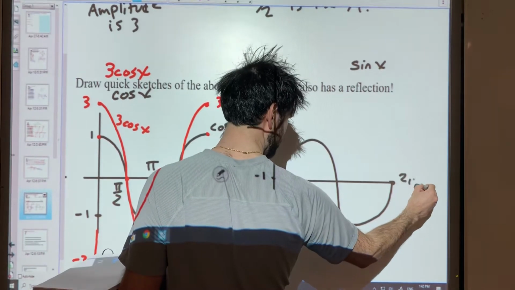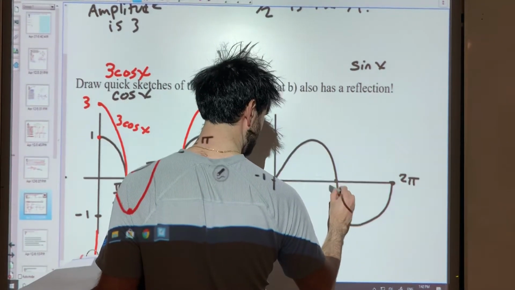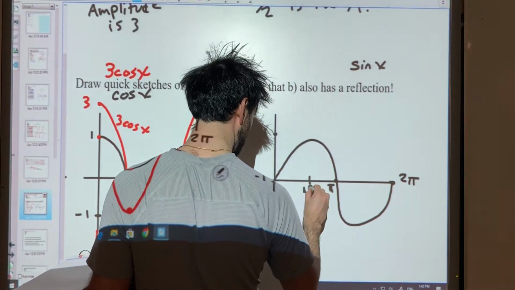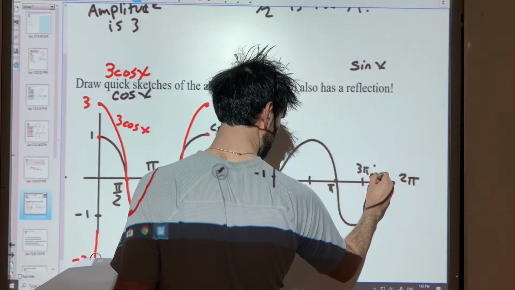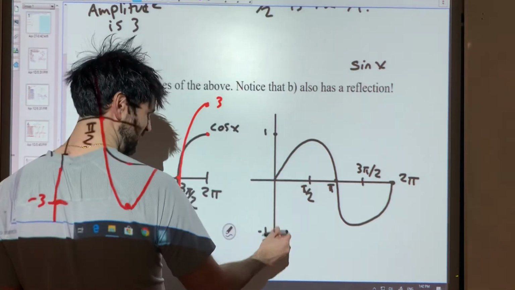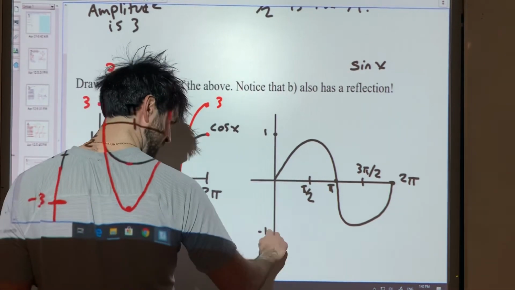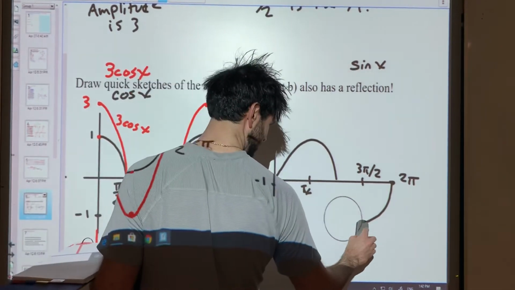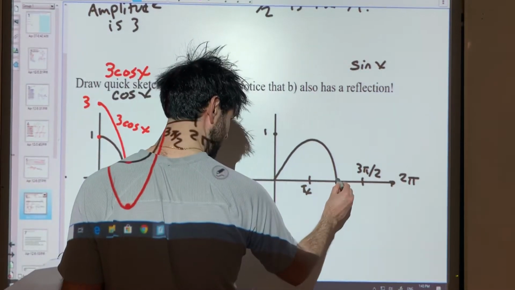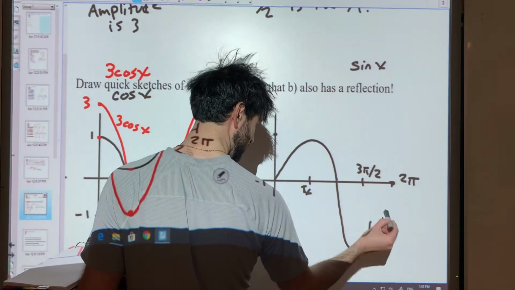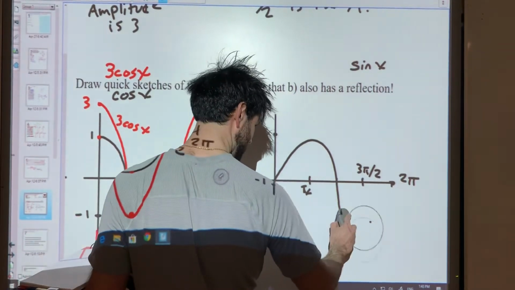Now label it. 2 pi, half of that is pi, half of that again is pi over 2, and then this one plus this one gives me that other point, 3 pi over 2. I didn't do a very good job down here because I didn't get anywhere near my -1, so I might just resketch that. And that's okay. Bring an eraser with you. Eraser will be your best friend. I might have to just restart the whole thing here.